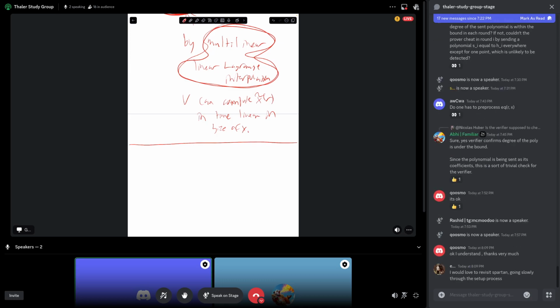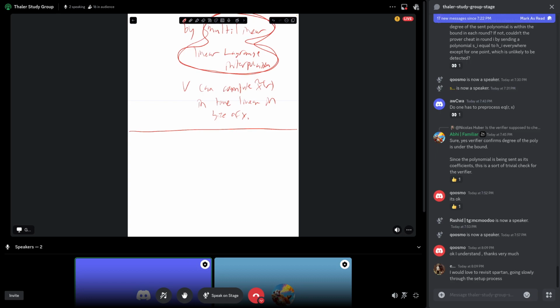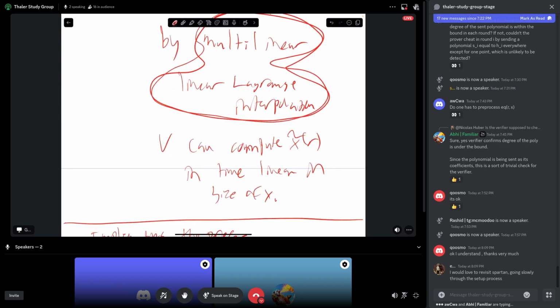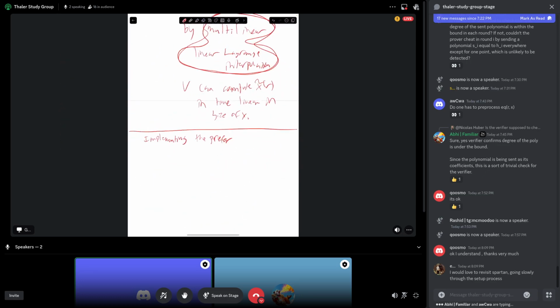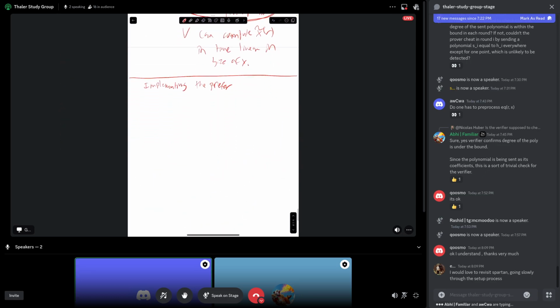So I'll limit myself to just a little bit more discussion of implementing the prover. I was very sketchy before about how you actually implement the sum-check prover.